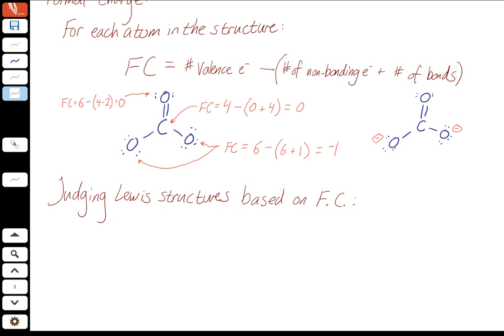More stable molecules, in general, will have lower formal charges. So if you can get all the formal charges to 0, that's usually the best way to do it. If you can get most of them to 0, that's better. The fewer formal charges you can have, if you have some choices on how to draw a structure, the better.